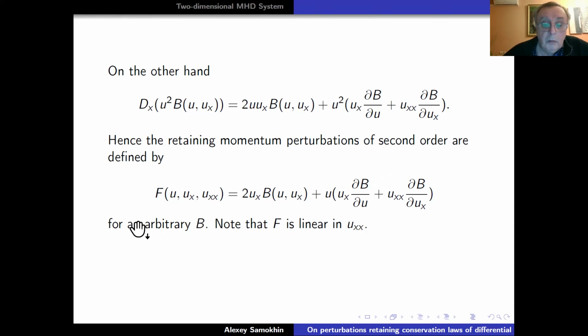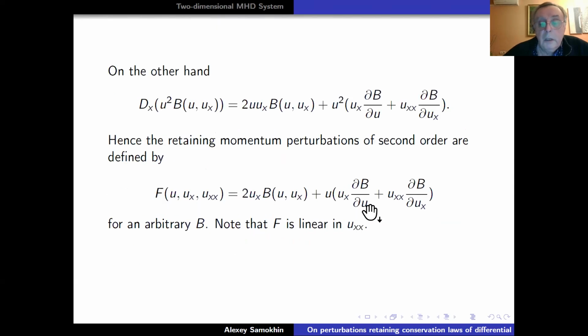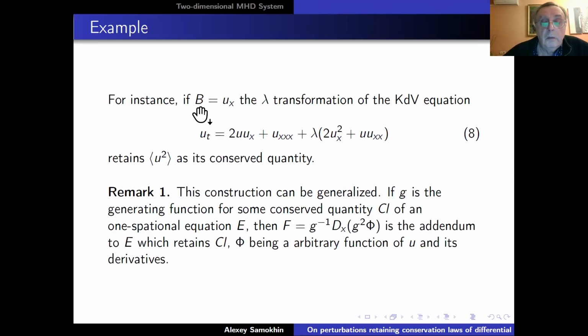For the second order, one may see that f is linear by xx. B is quite arbitrary. Let's take B as u by x. Then the perturbed equation has this form, and momentum is still its conserved quantity.